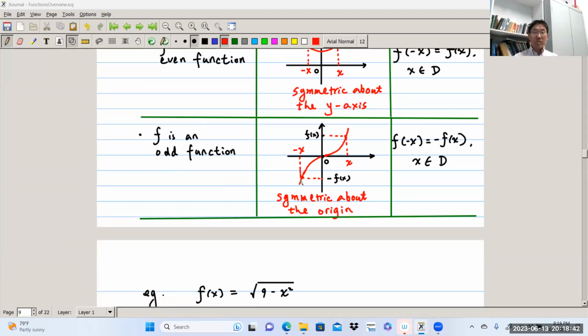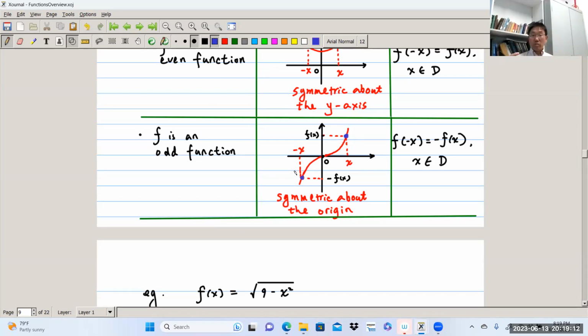Graphically speaking, suppose this x is an input to this function, then f of x is the output. If I change the input to the opposite of x, then you have a negative x as the input, and the output becomes also opposite, negative f of x. So these 2 points are symmetric about the origin.